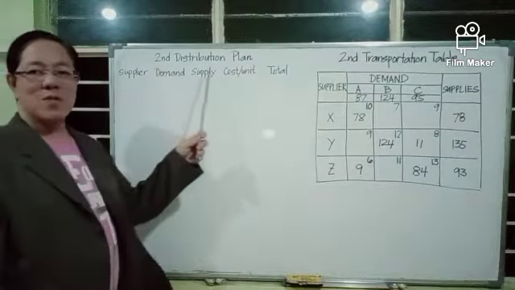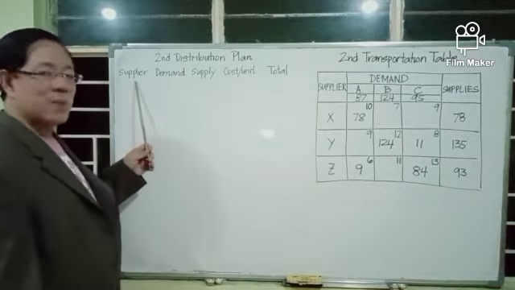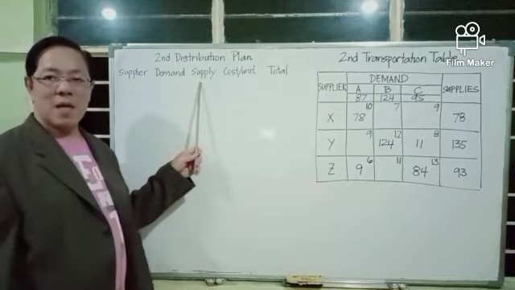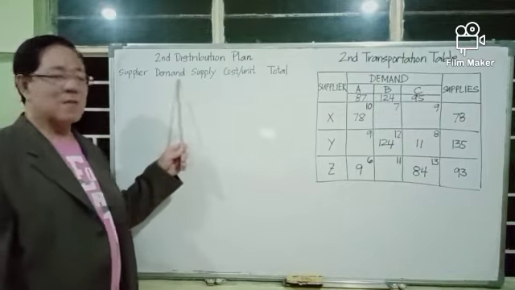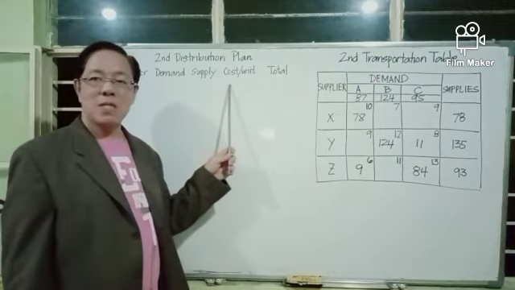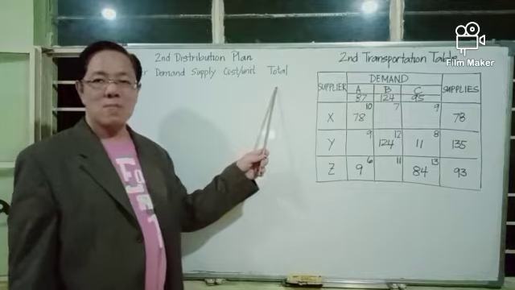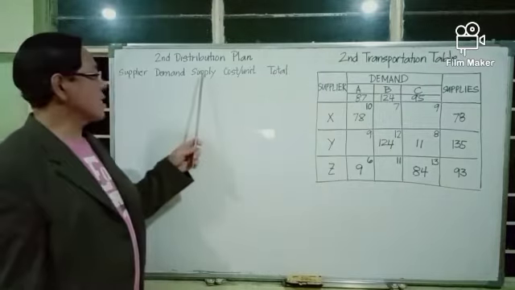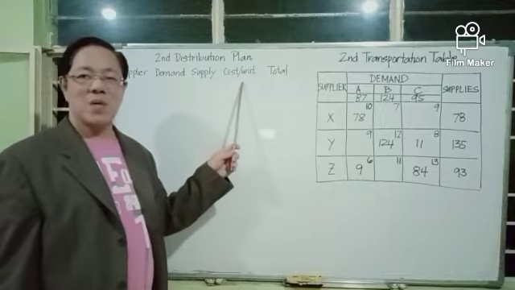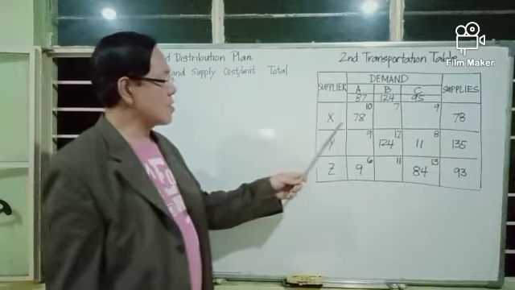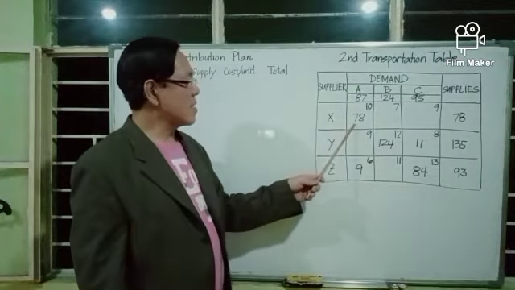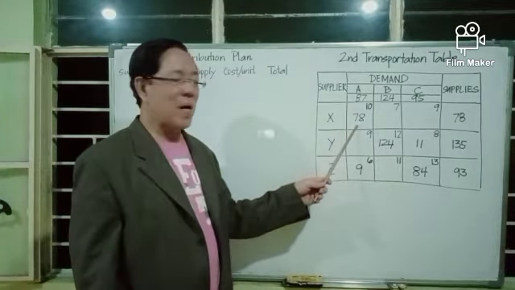For the second distribution plan, we write supplier in the first column, followed by demand, the number of units to be supplied from supplier to demand, the cost per unit, and the total cost for transferring the number of units at the given cost per unit. We only consider the occupied cells.